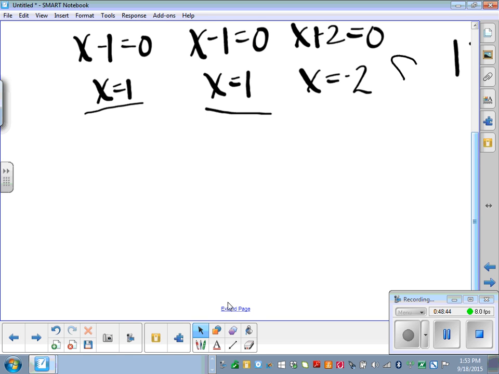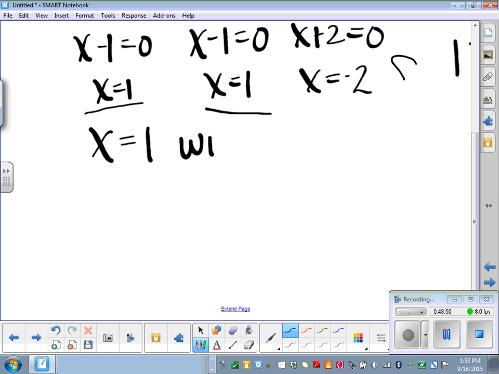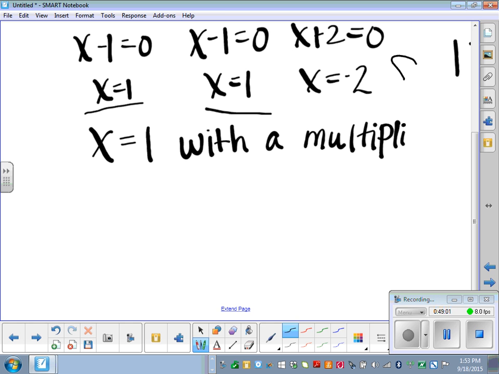So we'll write it such as x is equal to 1 with a multiplicity of 2.